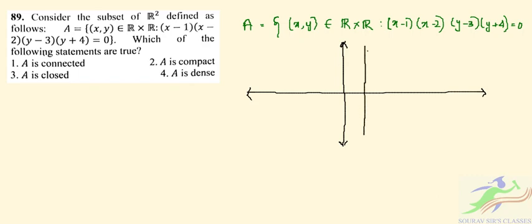At x equal to 1, the straight line is here. Similarly, this is x equal to 2. Now y equal to 3, so we can put it over there.